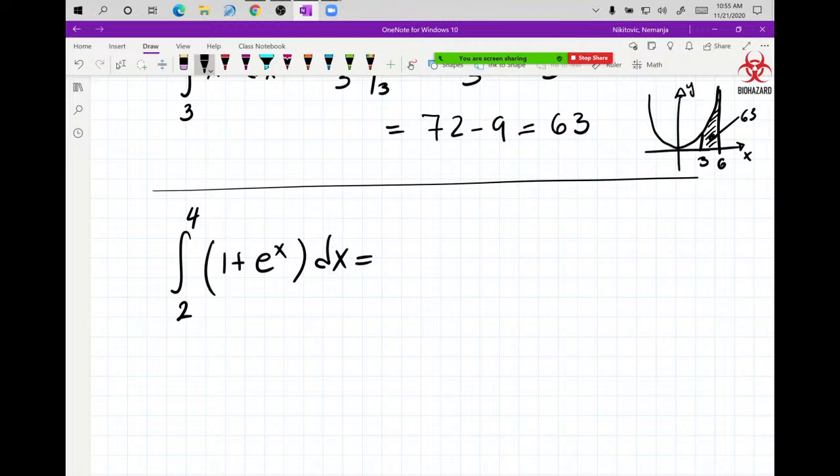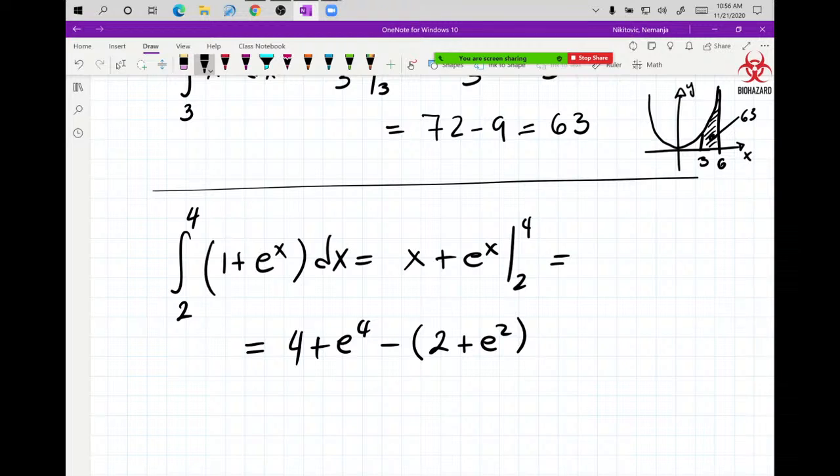Well, the integral of 1 is x, plus e to the x stays as is, and then we're computing from 2 to 4. Okay, that's 4 plus e to the 4 minus 2 plus e squared. That's all it is. So that's 4 minus 2 is 2, plus e to the 4 minus e squared.